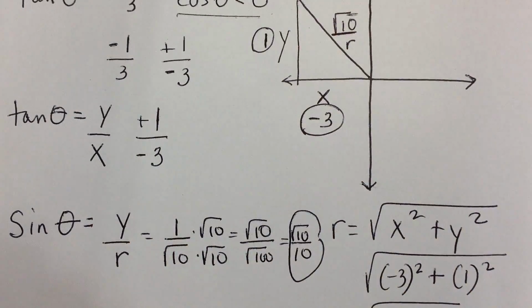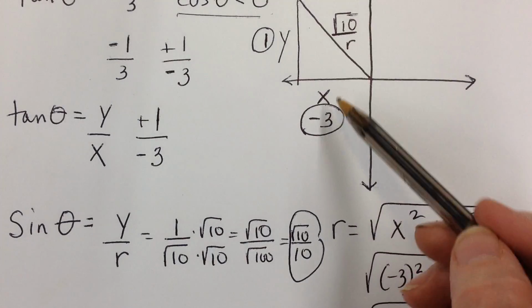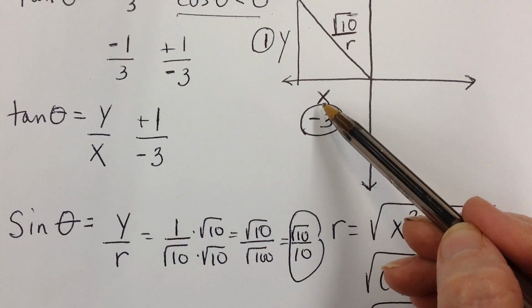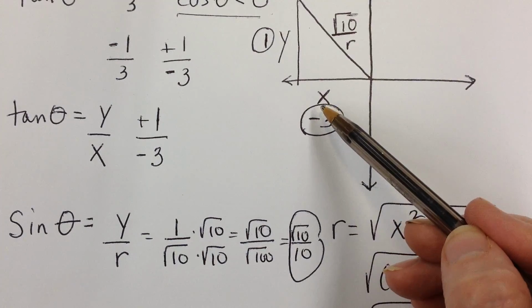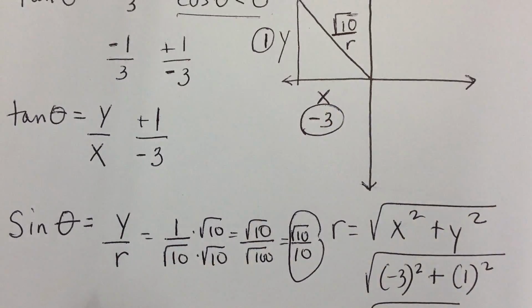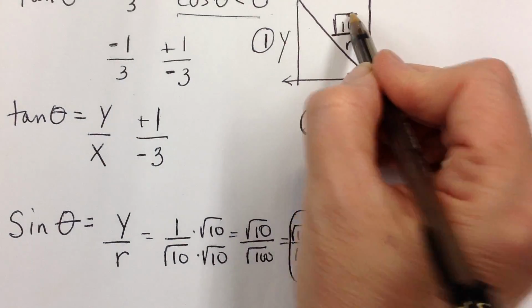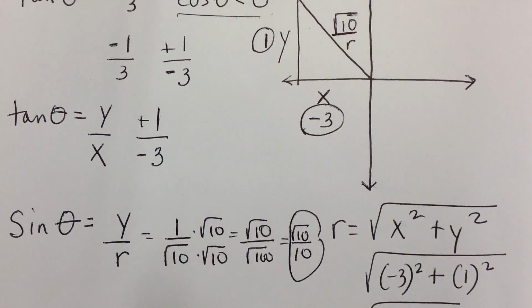Now we're supposed to find secant of theta. Well, secant of theta is r over x, the hypotenuse over the adjacent side, because it is the reciprocal of cosine. So r is the square root of 10, over x, which is negative 3.